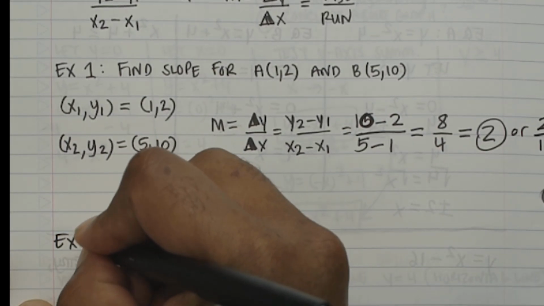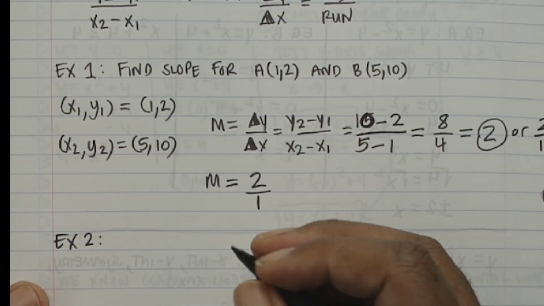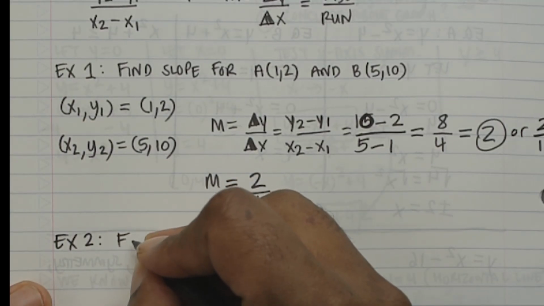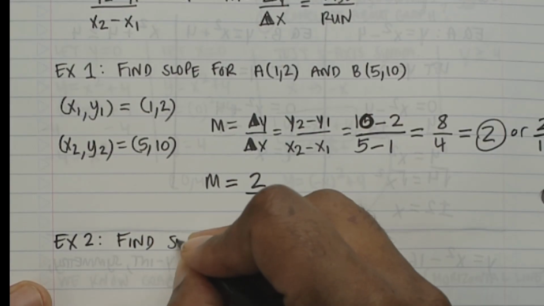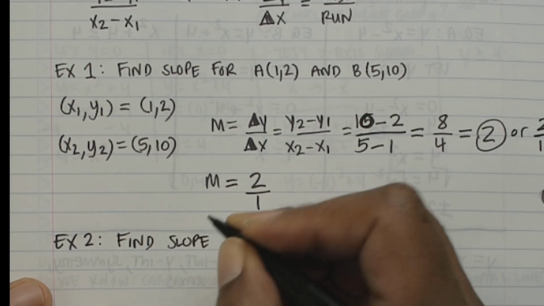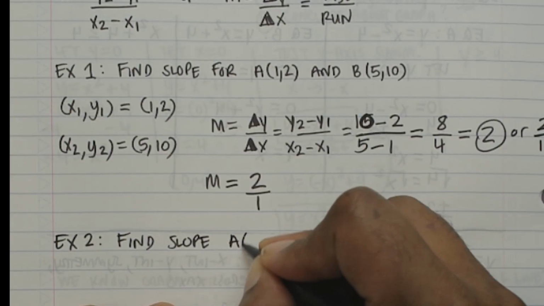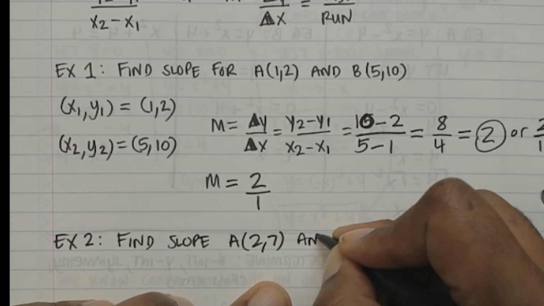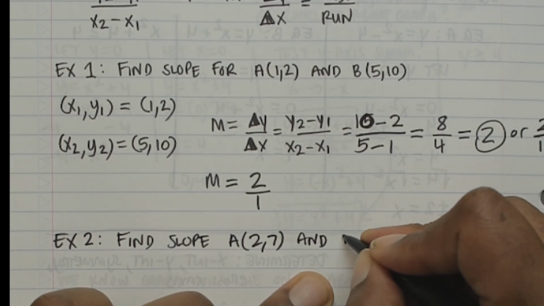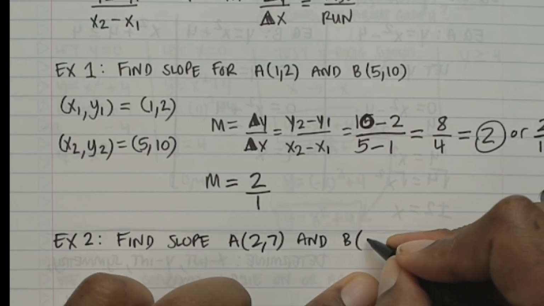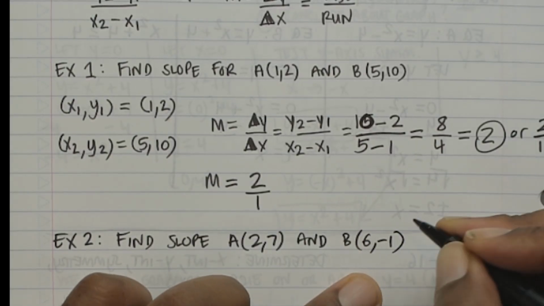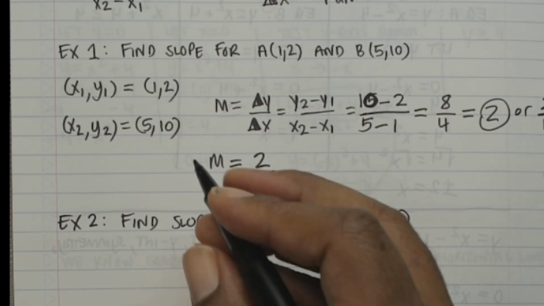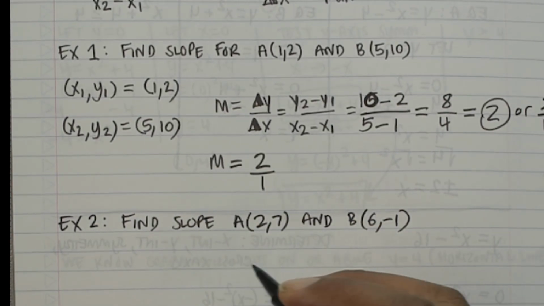This will be example 2. Let's find the slope for point A, which is 2, 7, and point B, which is 6, negative 1. So again, we want to write the slope.